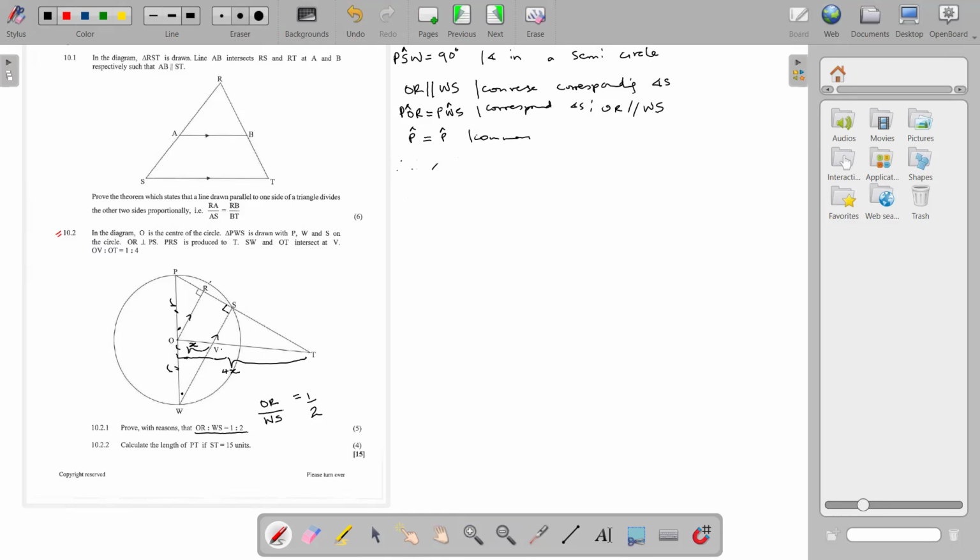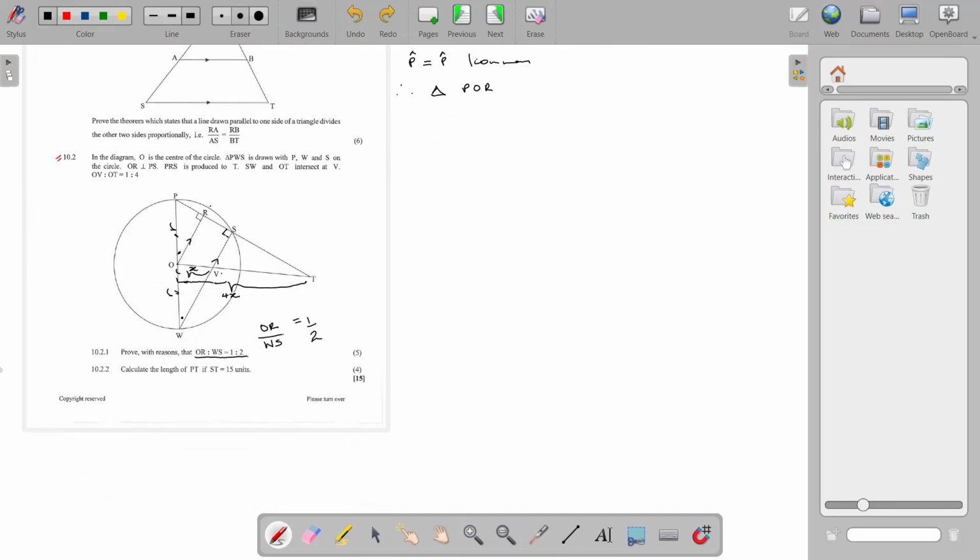Therefore, we can conclude that triangle POR is, sorry, not equal, but rather similar to triangle PWS.